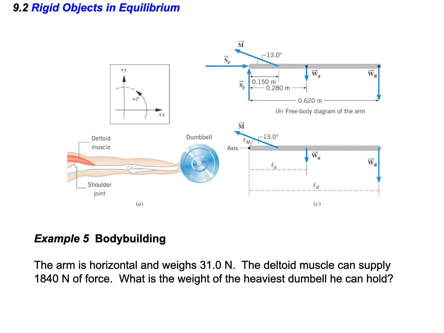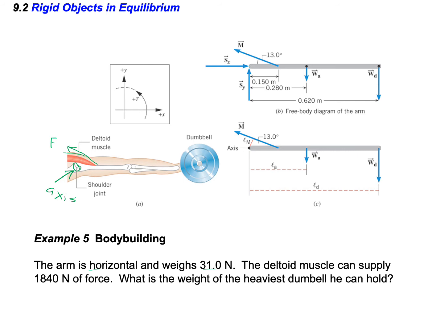Okay, here's another example. The arm is horizontal and weighs 31 newtons. So this is your arm and this is your shoulder joint. This is basically the axis of rotation. Okay, so this deltoid muscle is applying a force to keep the arm in a horizontal position.